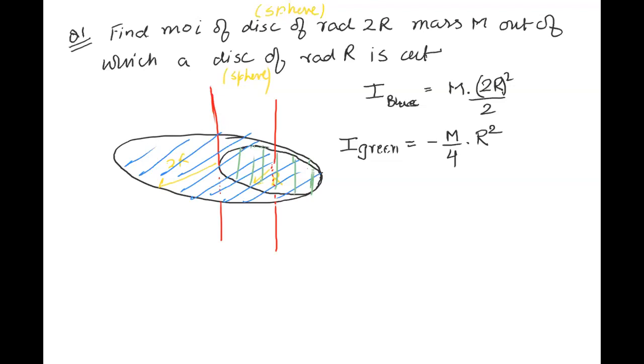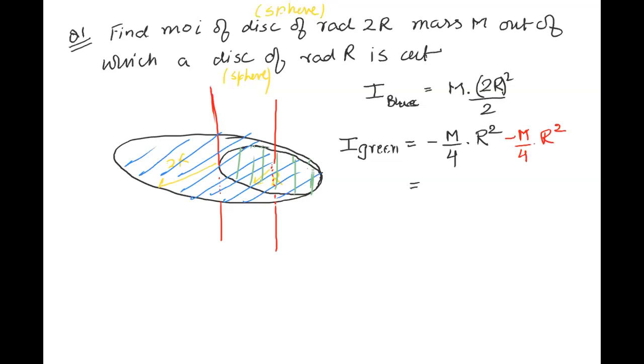So to put them on the same axis, all I have to do now is write minus m by 4. That will be the parallel axis theorem. So this comes out to be how much?